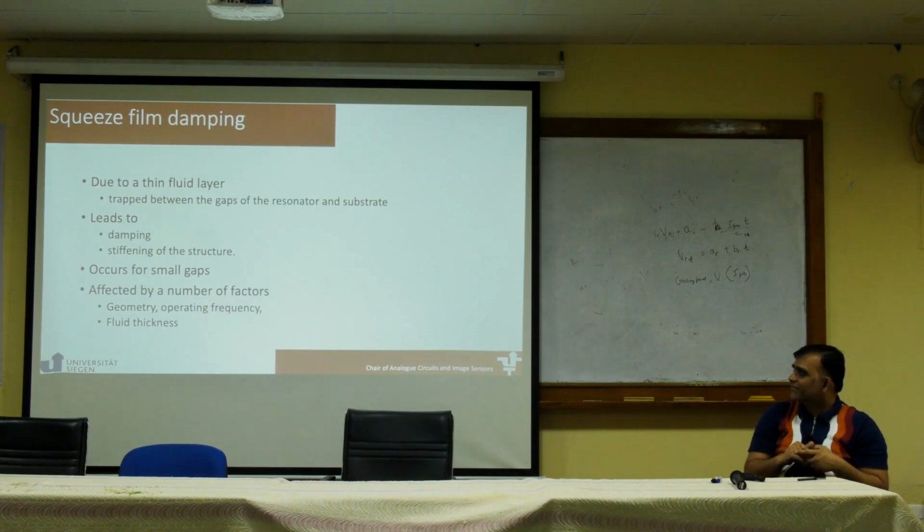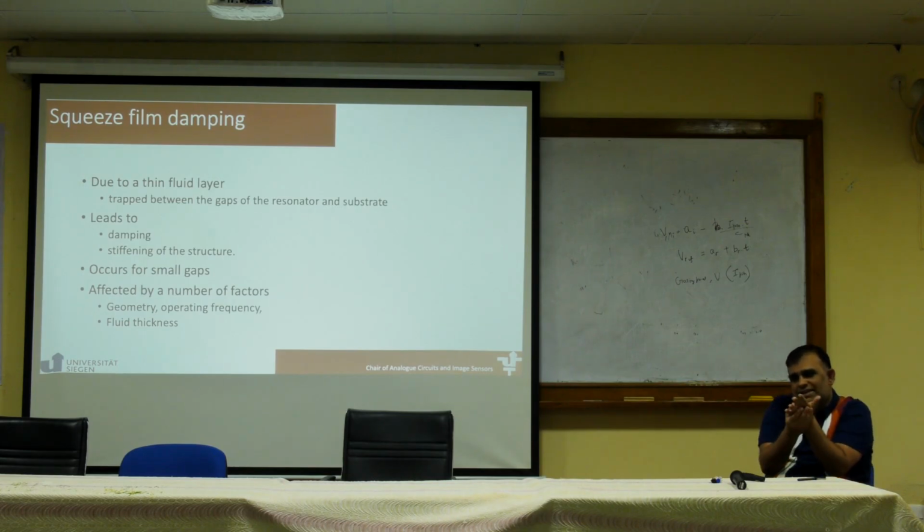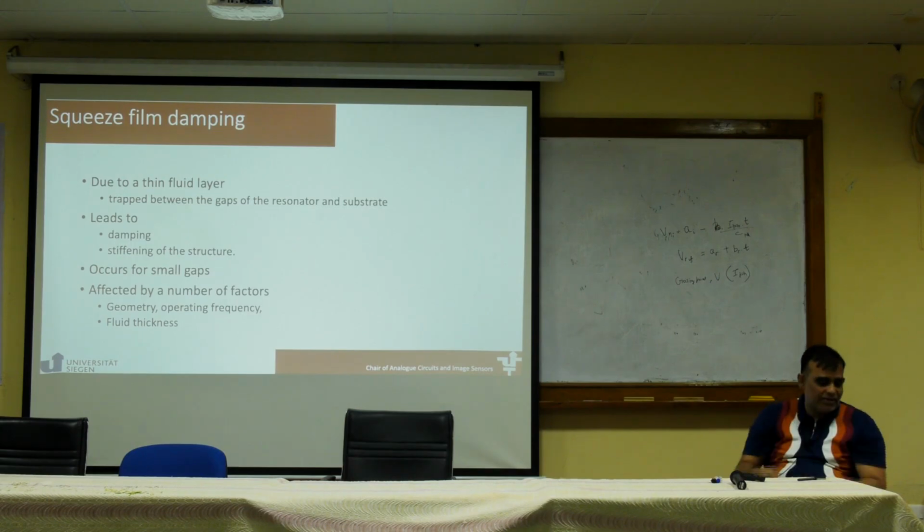And it leads to damping, it leads to stiffening of the structure. The structure doesn't like moving. And it's affected by a number of factors, things like the size of the structure and how much is the gap between my substrate and the resonator. If I have a bigger gap, that will be low because squeeze film damping will not be there. What's the thickness of the fluid, how much radiation we are getting. Okay.